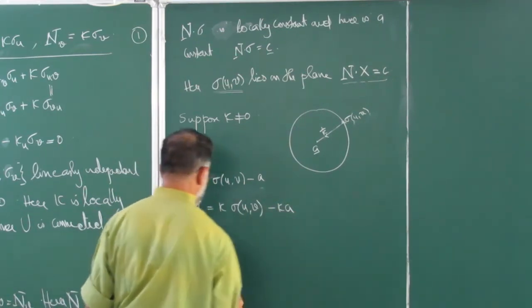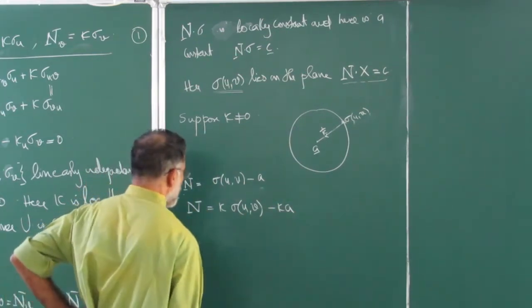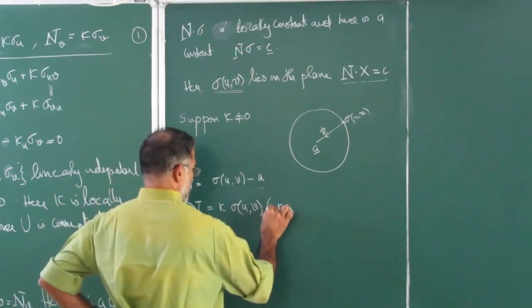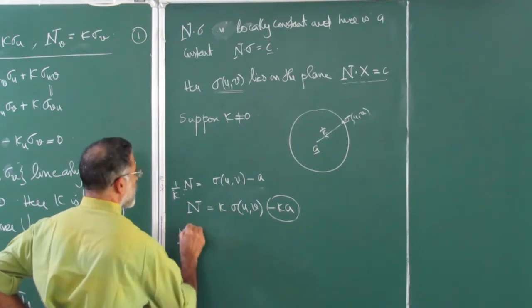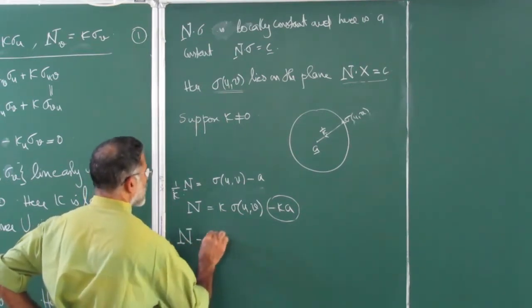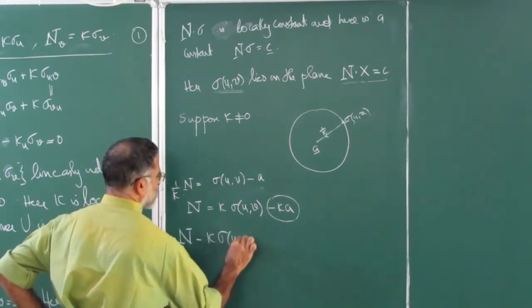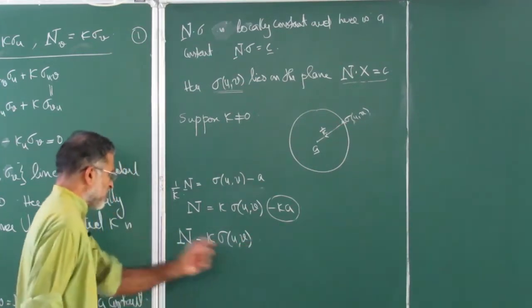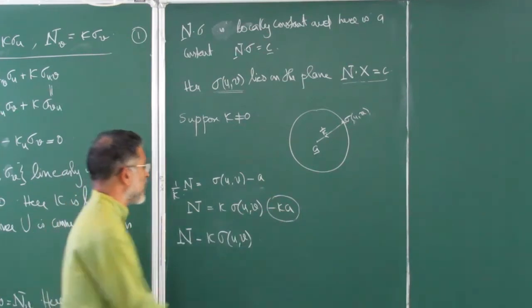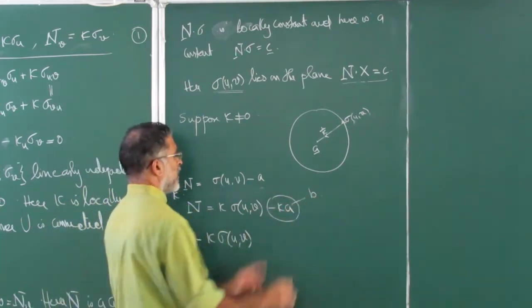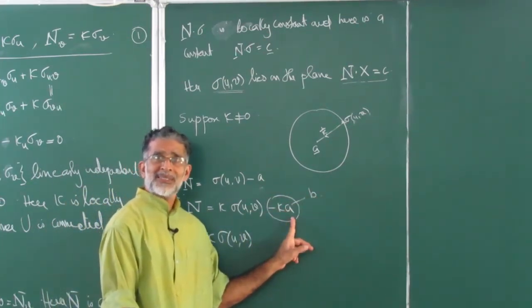So this is what I am getting. This part is the unknown quantity. So let me take n minus kappa sigma uv. We'll prove that this is a constant and we are done. That constant is going to be some vector b divided by kappa, and you get the center.